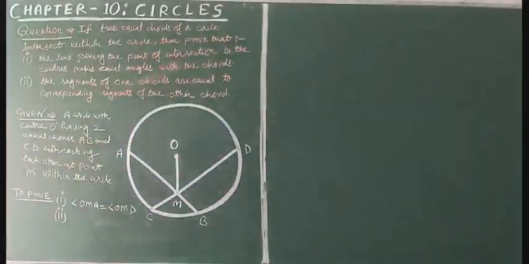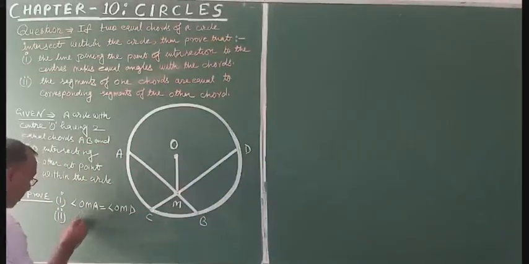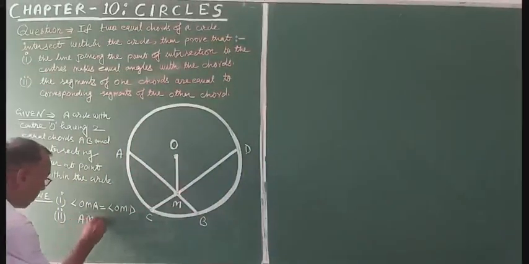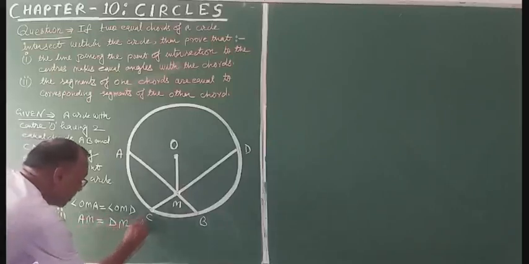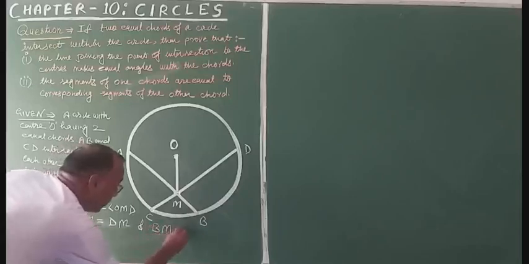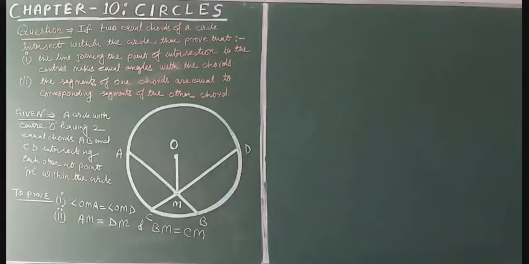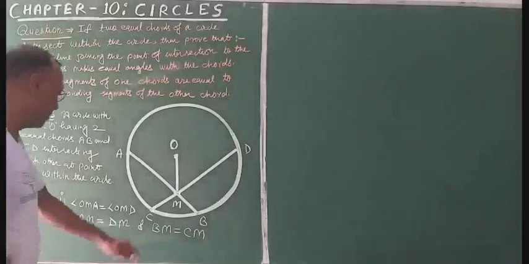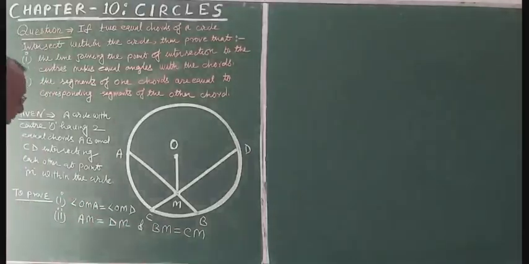AM is equal to DM, and BM is equal to CM. This you have to prove. AM is equal to DM and BM is equal to CM. This is point C.